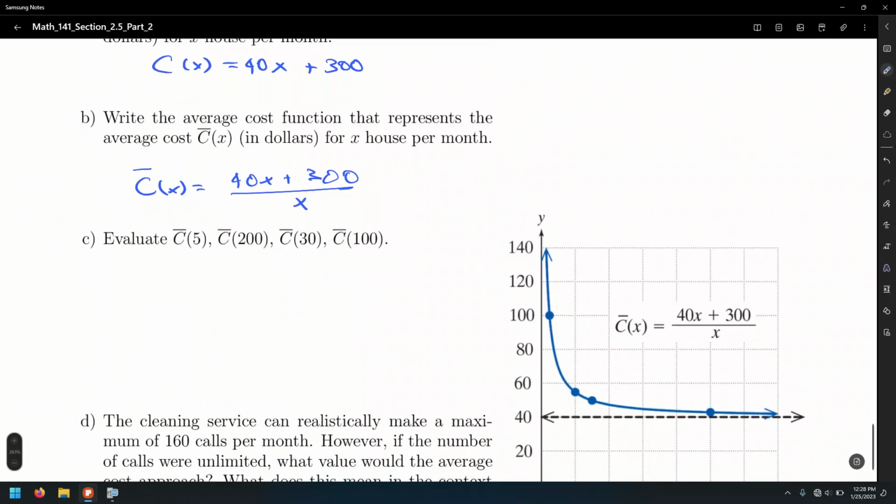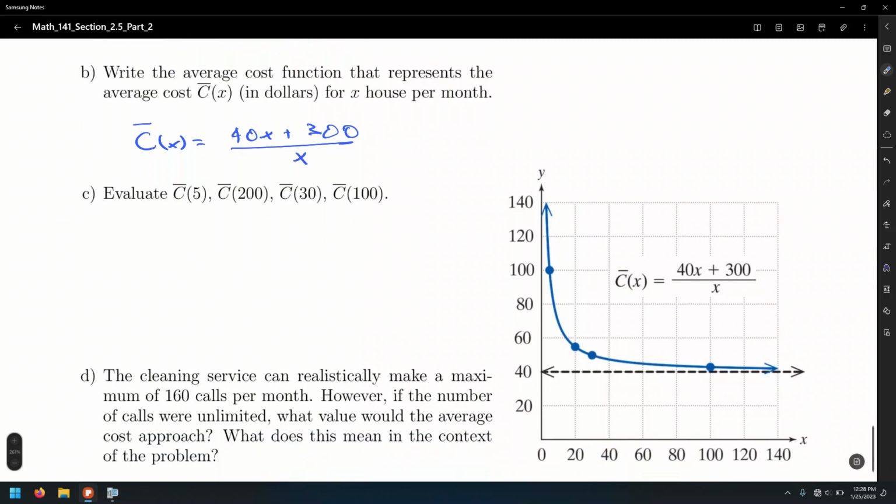So let's see, evaluate C of 5. And in fact, we have the graph of the function for our convenience, so you can see what this is going to look like. They're asking us to evaluate for some values, that is C bar of 5. Let me do one calculation: 40 times 5 plus 300 over 5.